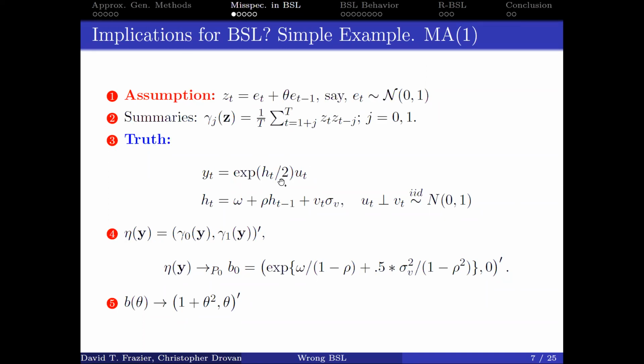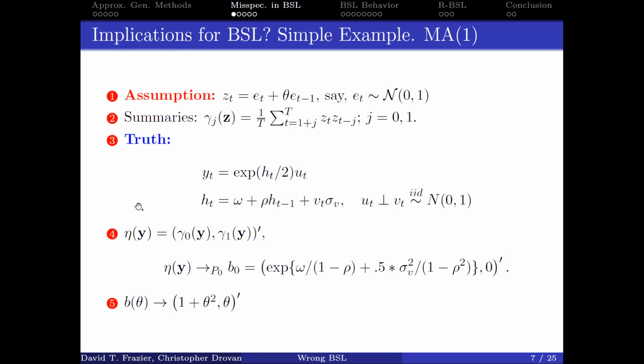Now, the thing to recognize about the stochastic volatility model is that its first order autocovariance is 0 in the limit. There is no autocorrelation in the levels. Given that, you would hope that BSL and ABC, these methods that use the summaries, would give me back a value of theta with high posterior mass around 0.